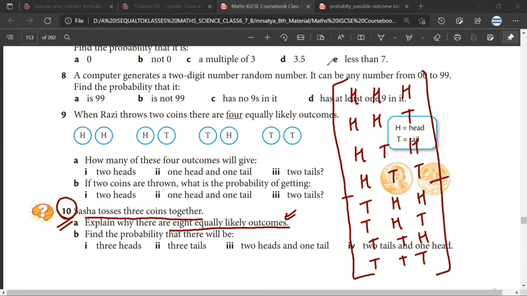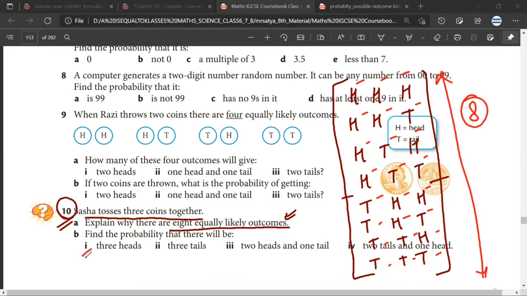So have you understood? Yes, sir. So it can be head head head, head head tail, head tail tail, tail head tail, tail tail head, and tail tail tail. Any doubt till here? No. So these are the 8 outcomes which are possible.